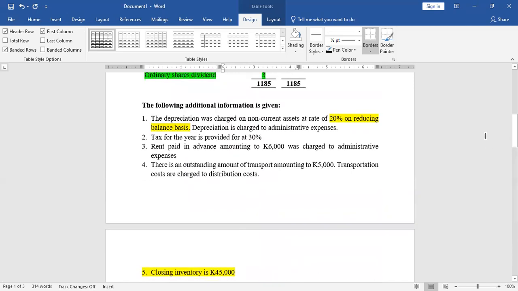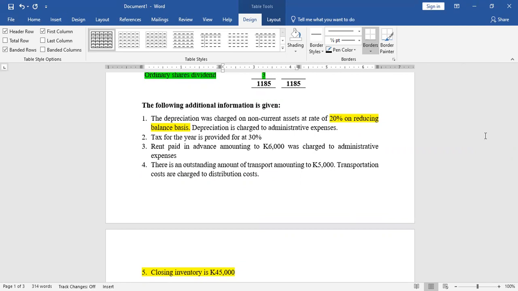Tax is an expense on its own. Rent paid in advance amounting to 6,000 was charged to administrative expenses. An amount paid in advance, meaning if we are preparing the statement for 2021, this amount was paid for 2022, but we are not preparing the statement for 2022.